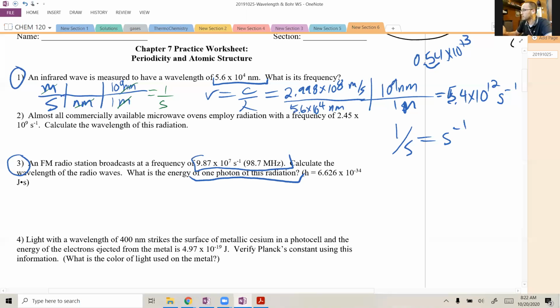Just double checking, Professor Lau. U is frequency, right? The little V looking thing? That is frequency. Okay. Thank you.